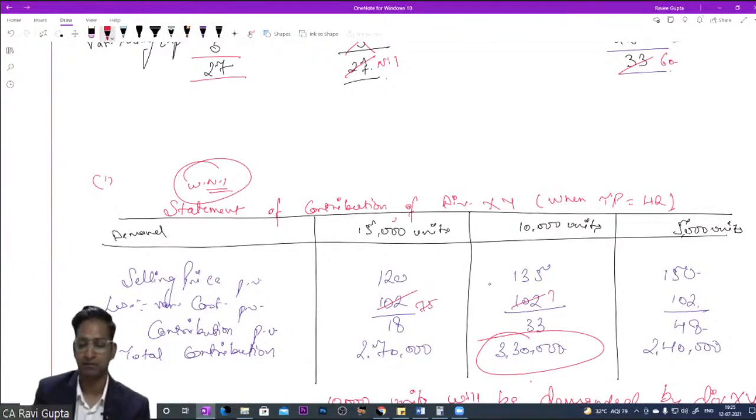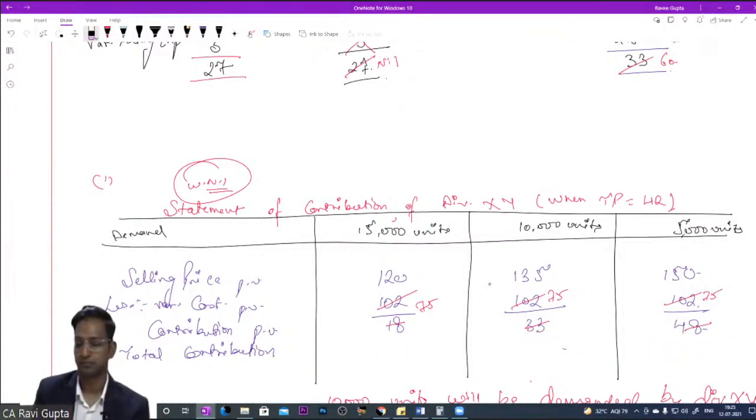75, 75, and 75. So this is going to be 45 rupees. This is going to be 60 rupees.